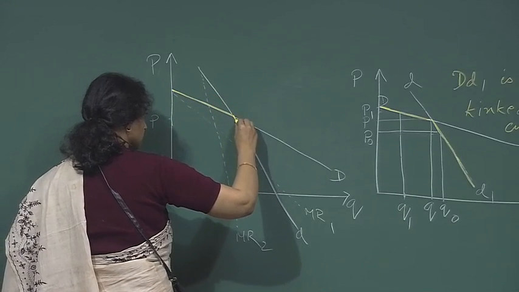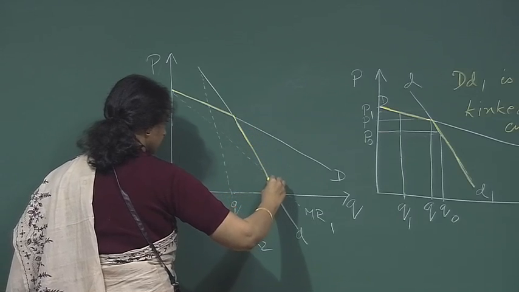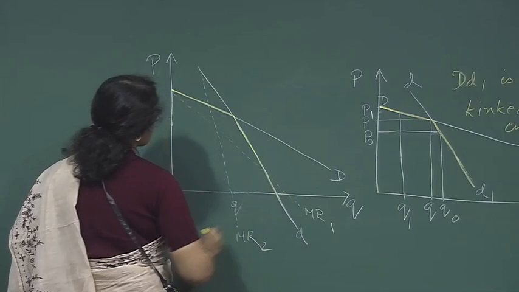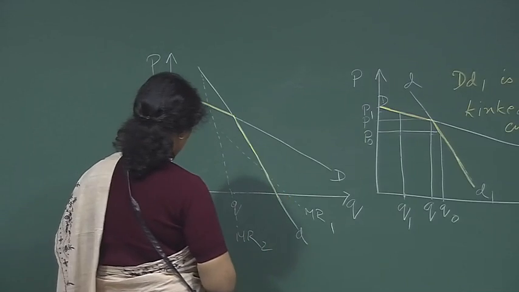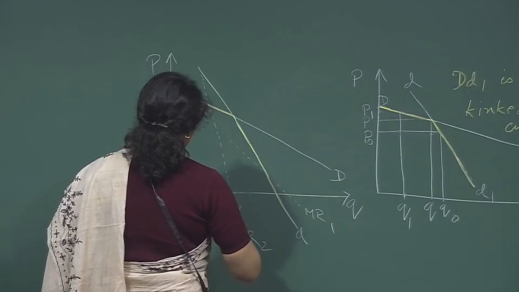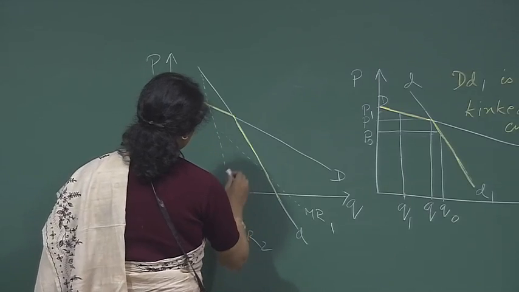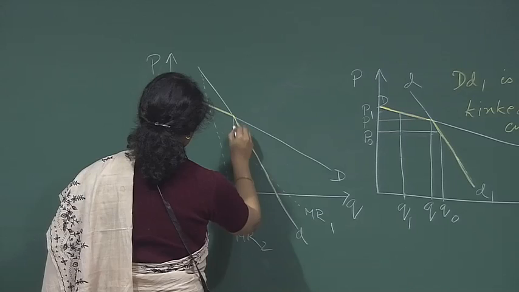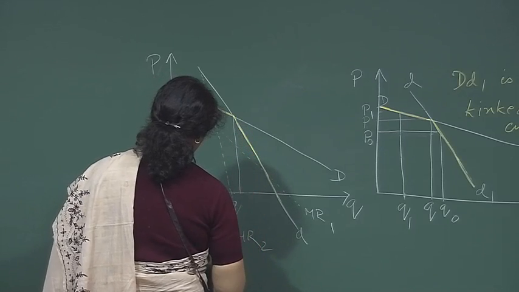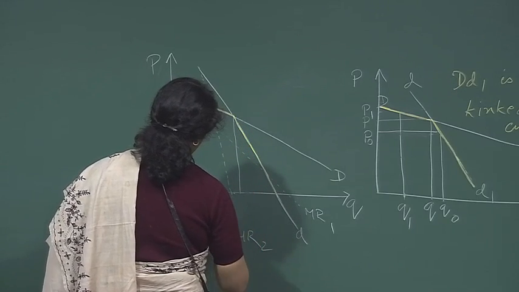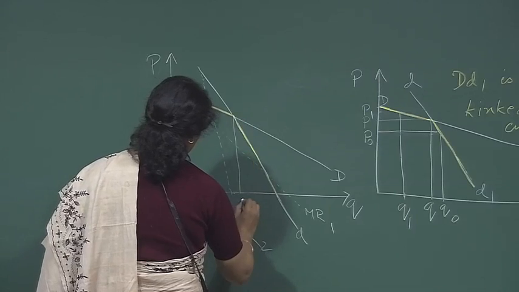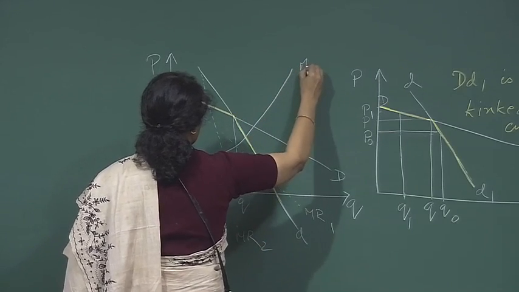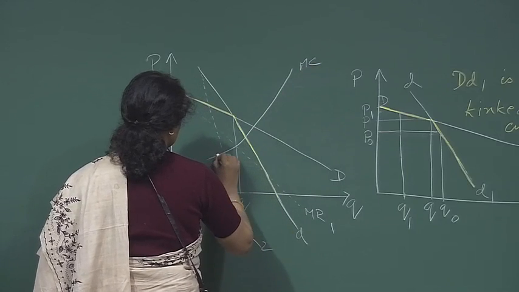This is the kinked demand curve. This is the marginal cost curve.